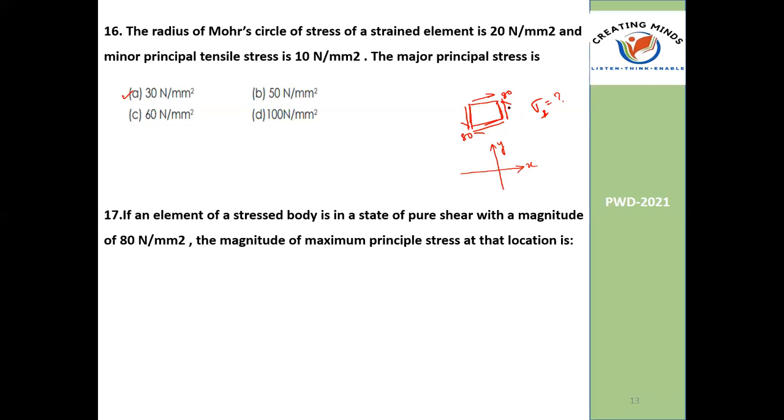There is no normal stress, therefore 0 at the 0 point. It is having anti-clockwise 80, which means positive 80. Another one is negative 80. So this is the radius, this is the circle. If you draw the Mohr circle, what happens? You join the points, and this is the point.